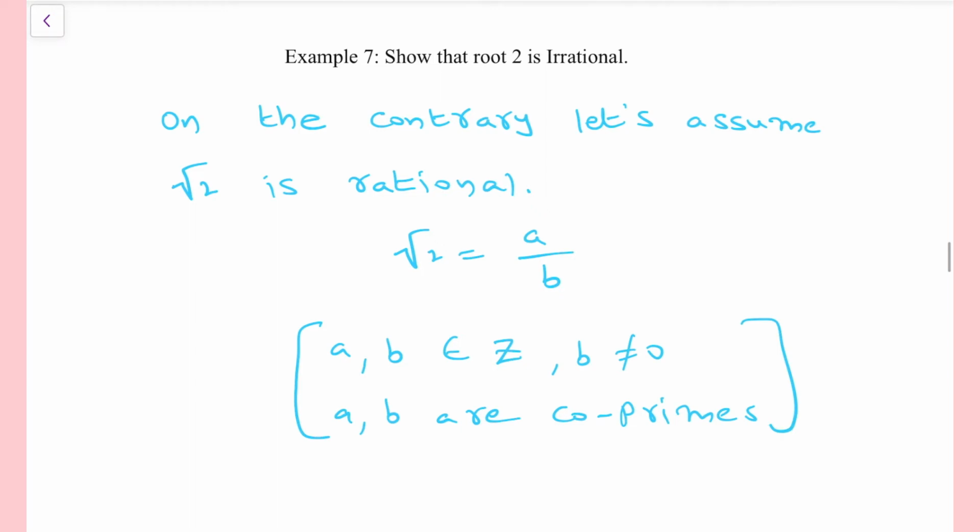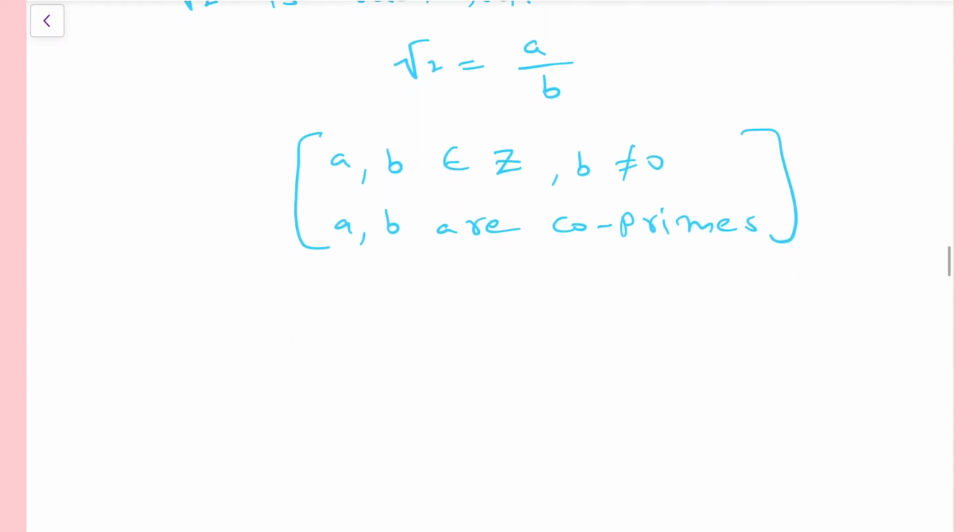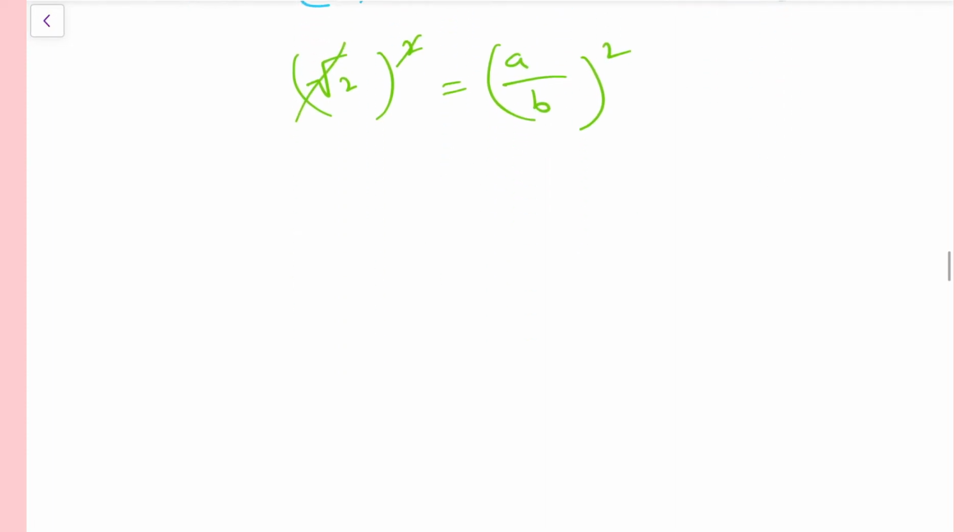Now for this question, we need to do squaring on both the sides. So root 2 equals to a by b is there. Root 2 whole square equals to a by b whole square. Here square both will get cancelled. Then we remains with 2 equals to a by b whole square. This square is applicable for the numerator as well as for denominator.